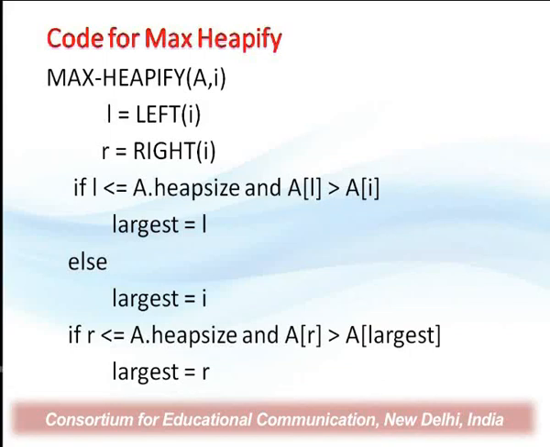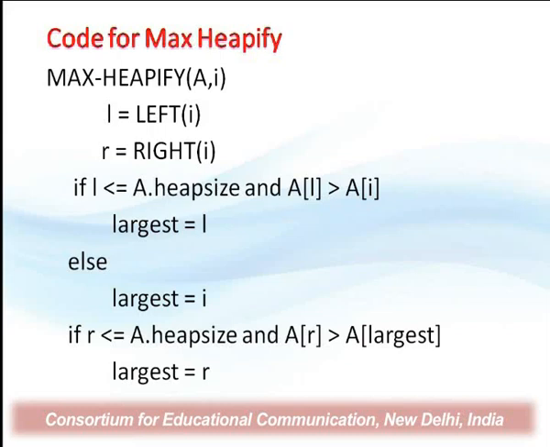Now please remember that one iteration of heapify is only working for one particular node. So that node or that index is I, and now we have calculated its L equals left of I, as you can see on the screen, and R equals right of I.